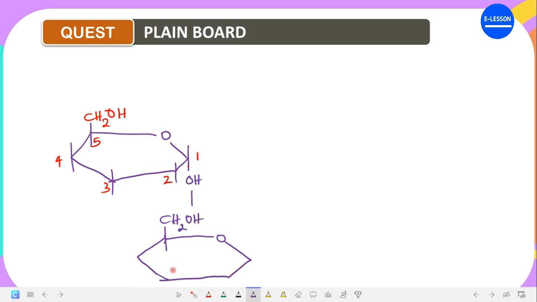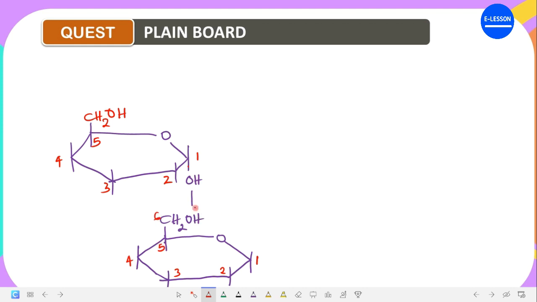Now, this is what we have. If you number also, this is carbon 1, 2, 3, 4, 5, and here is 6.